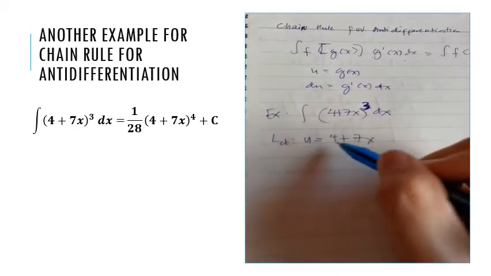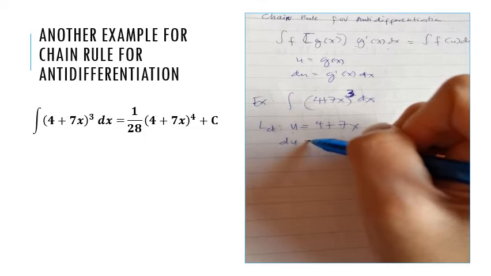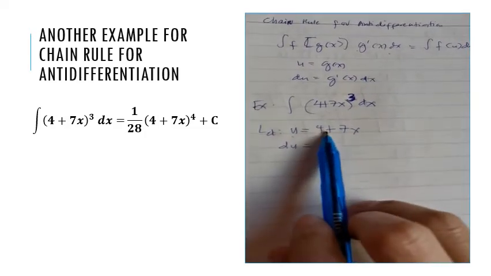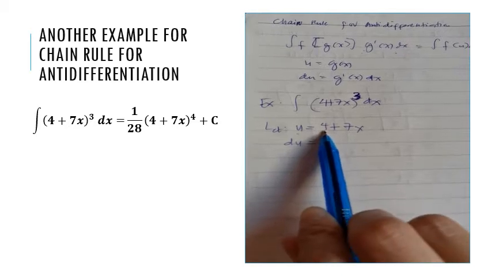Now we differentiate both sides. The derivative of u is du. The derivative of 4 is 0, because the derivative of a constant function is 0.